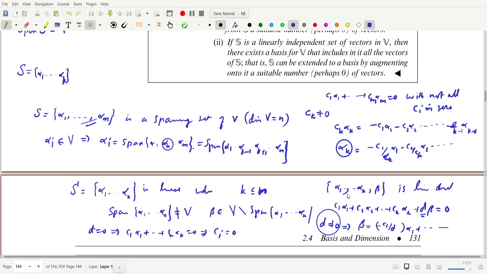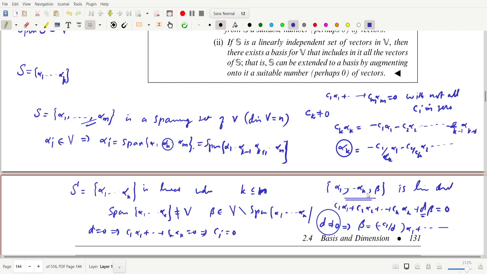Okay, so when you adjoin a vector beta from outside the span of alpha 1, alpha 2, alpha k, in case this is not equal to V, then the set obtained by adjoining beta to this linearly independent set is again linearly independent. If this spans V, then we are done. This is a basis.